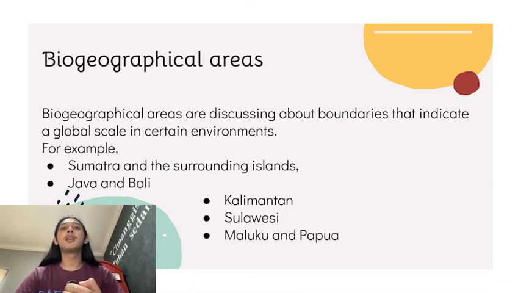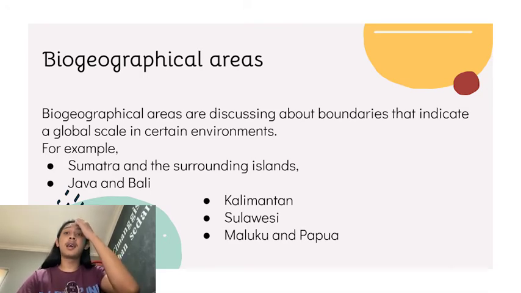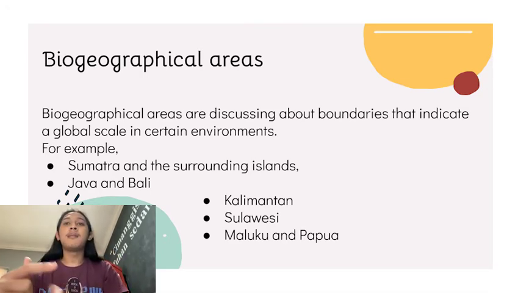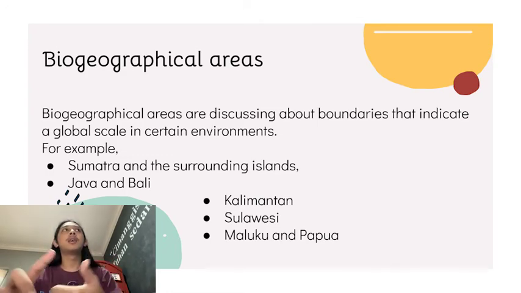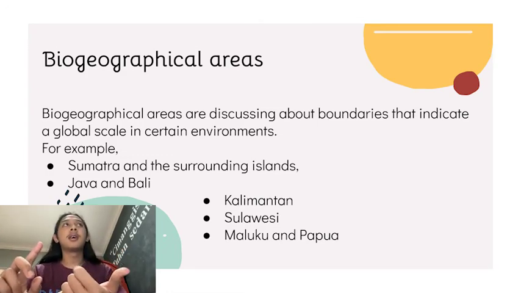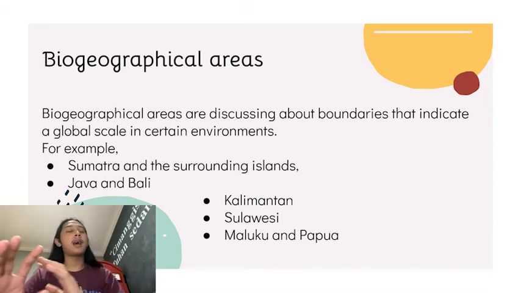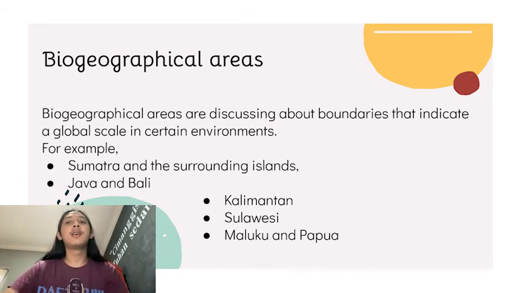For example, Sumatera, Java, Bali, Kalimantan, Natuna, Anambas, Sulawesi, Nusa Tenggara, Maluku, and Papua. These are the biogeographical areas for humans, animals, plants, or any living creature to live. This is called a biogeographical area.